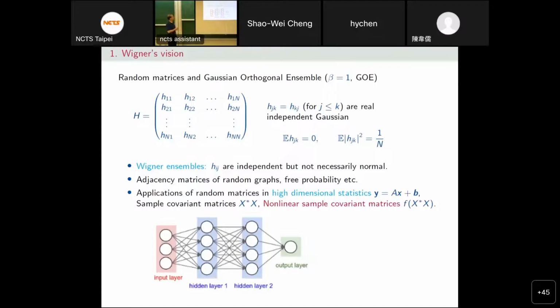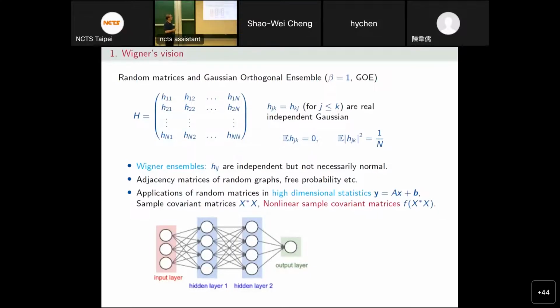The simplest one is the Gaussian orthogonal ensemble, with beta equal to 1. You may see it in various places.